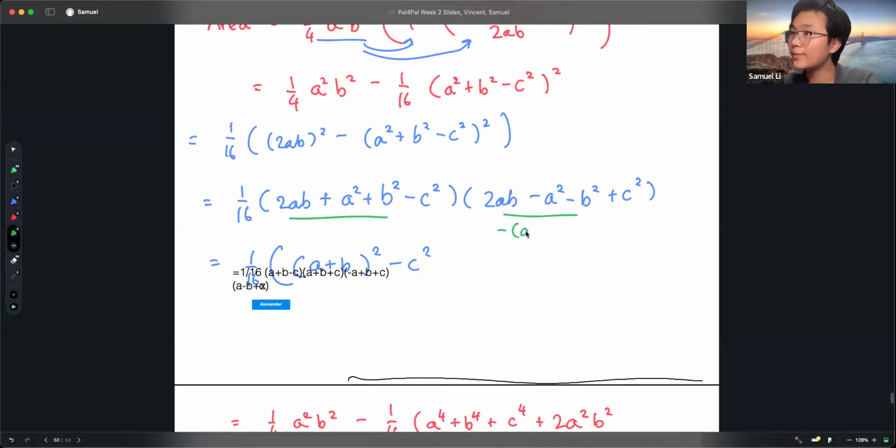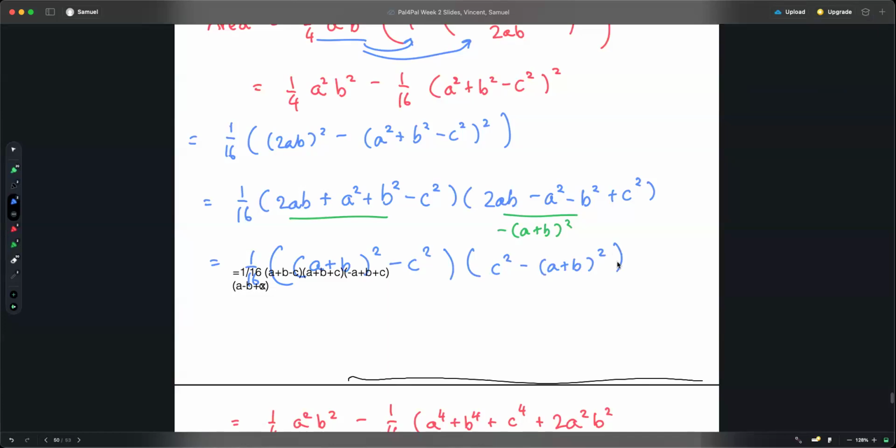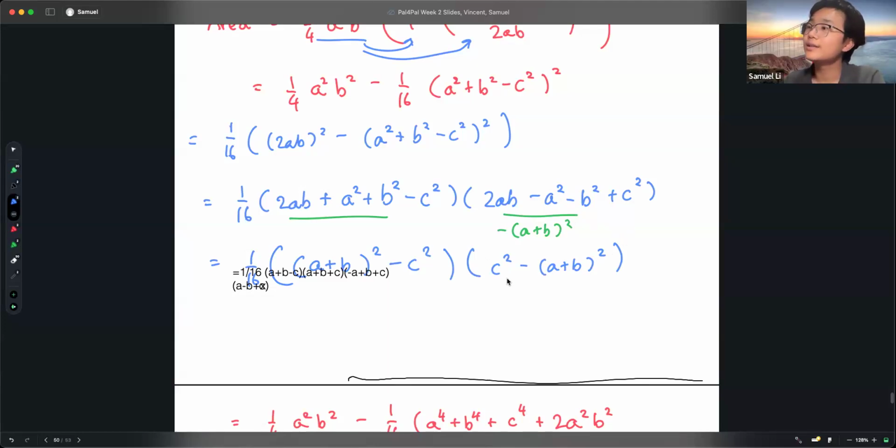This is the negative of a minus b squared. So you get c squared minus a minus b squared. Because if it was a plus, that'd be really bad because now I can't even use difference of squares anymore. Here's the idea: I want to use difference of squares twice. The second time I use it, that's what splits it into four different factors.